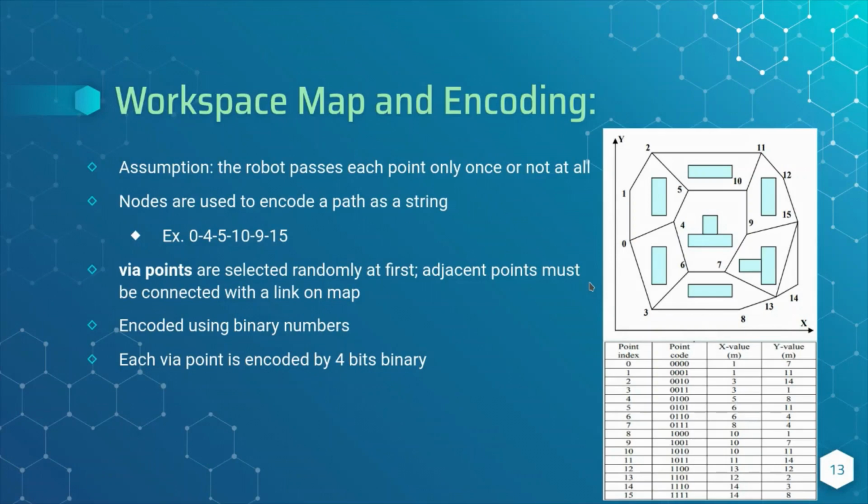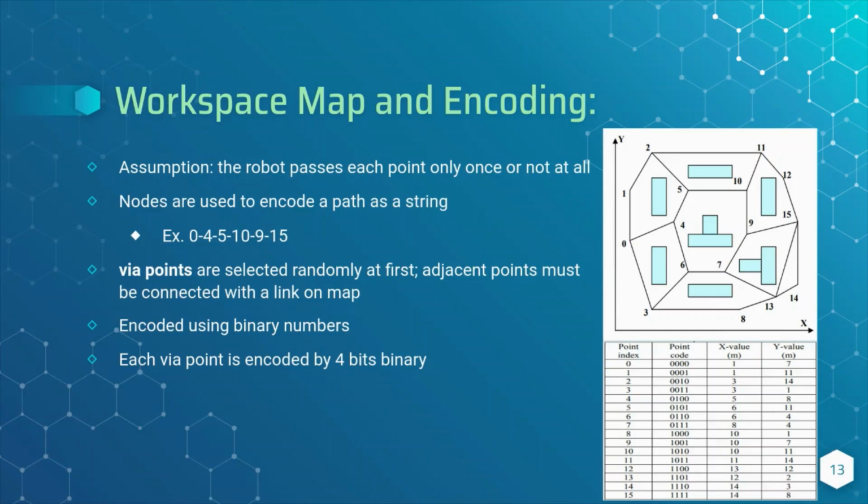The workspace map for the robot looks like the figure alongside. It is a 2D area having obstacles and via points. The robot has a starting point and a goal point on the map, under the assumption that in path planning, the robot passes each point only once or not at all.